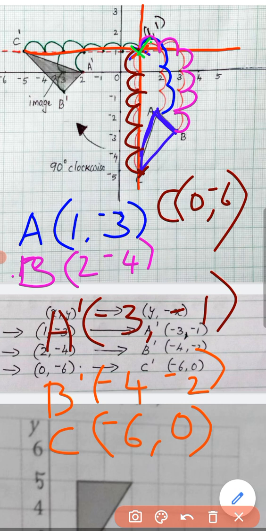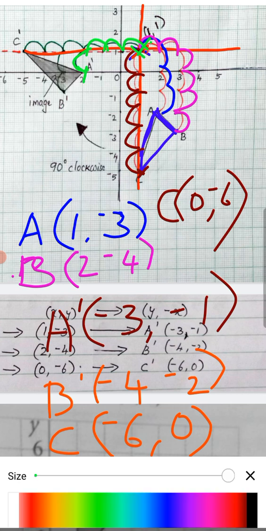So, 1, 2, 3. 3 units left on x-axis, and -1 means 1 unit down on y-axis. 1 unit down. So, this is our A dash. You should count the distance, the squares from the new origin, that is 1, 1. This is very important.